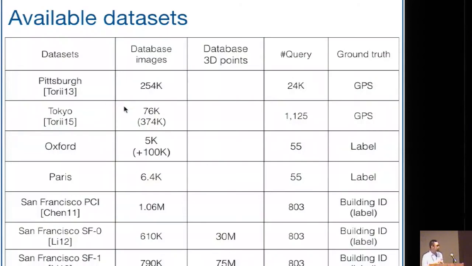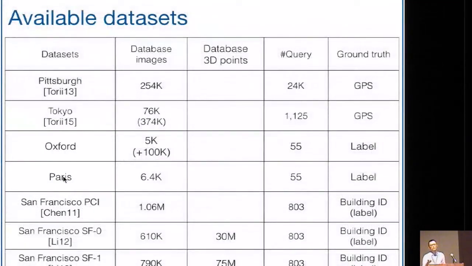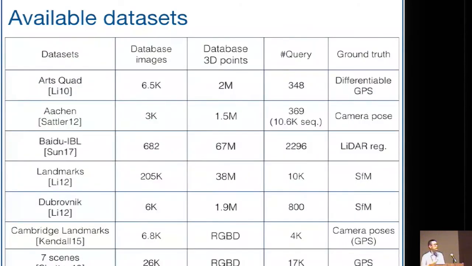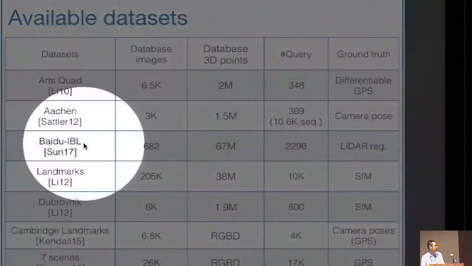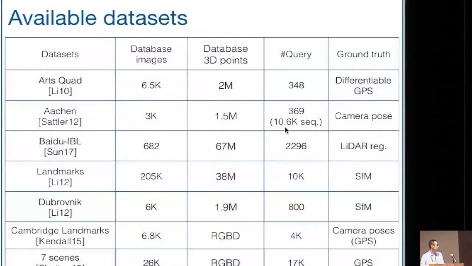And I just show the standard Oxford and Paris because it's also a dataset with buildings. And there are datasets for the 3D based approaches. For the 3D based approaches, there are quite a lot of them, including San Francisco and others. And there were new datasets presented the day before yesterday, I think. There were some new Baidu datasets, and so on.